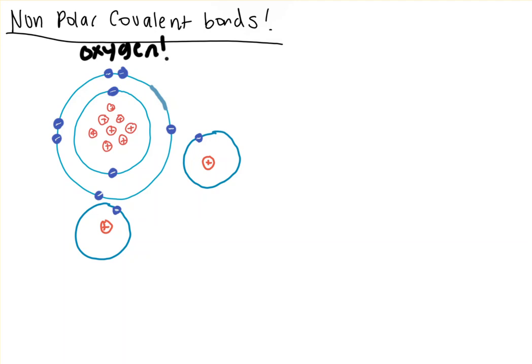So we're going to make a polar covalent bond. And we're going to do that by allowing these two pairs, oops, that's not quite dark enough, there we go, these two pairs of electrons to be shared. So they're going to be shared between the oxygen and the two hydrogens.